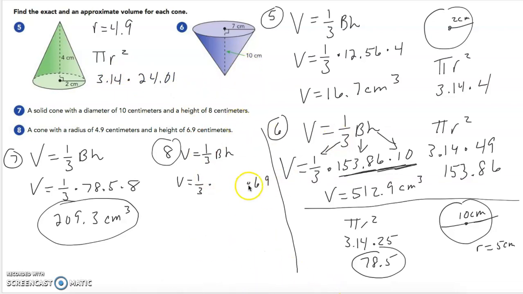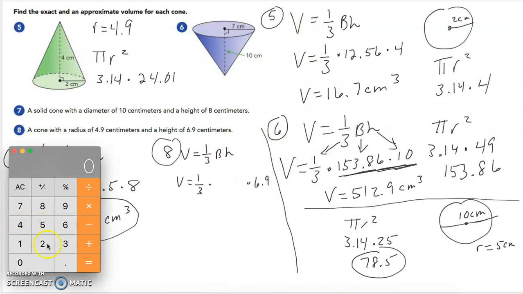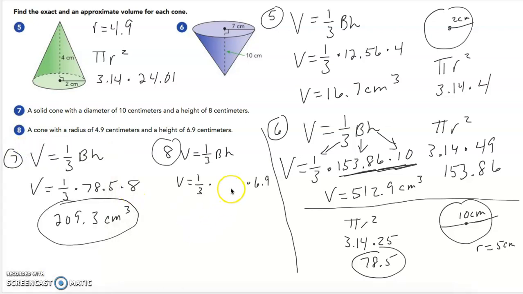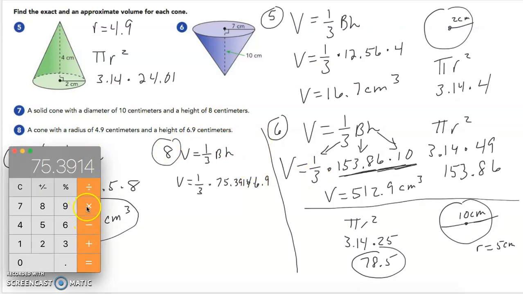I apologize for that. 24.01 times 3.14 equals 75.3914. Times 6.9, divided by 3, equals 173.4.